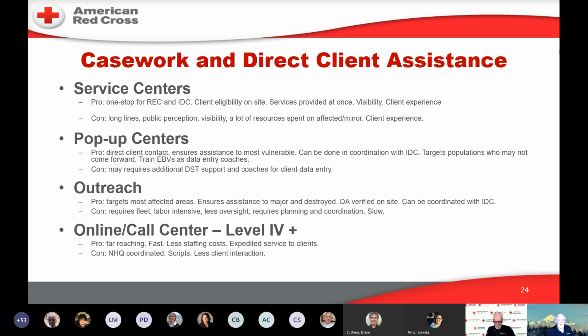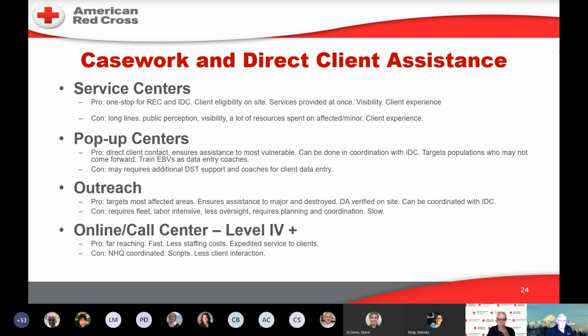We can train and do train people to become coaches, not caseworkers, that can go into an area and then coach clients as they go through entering their information that is needed for assistance.